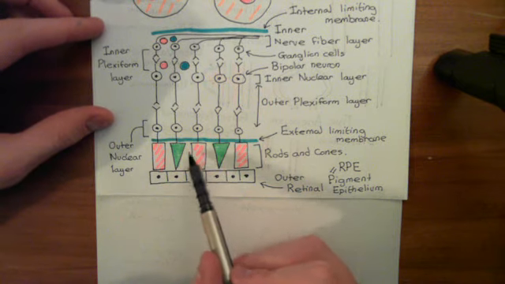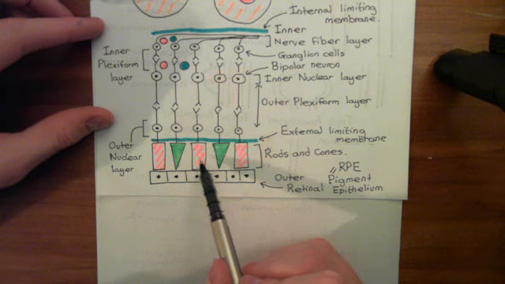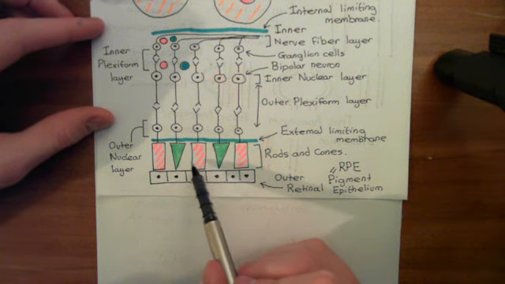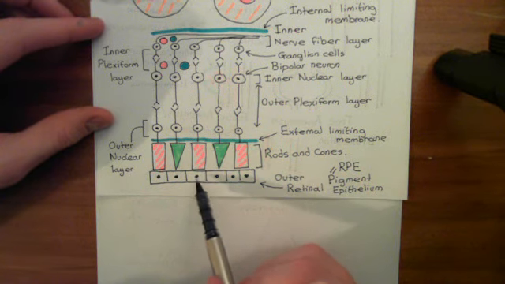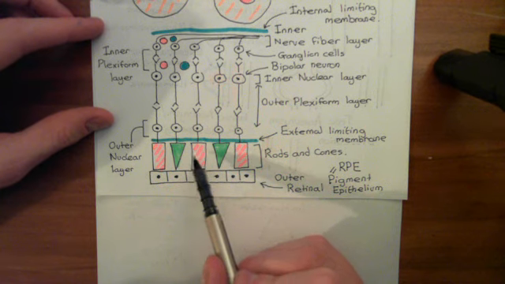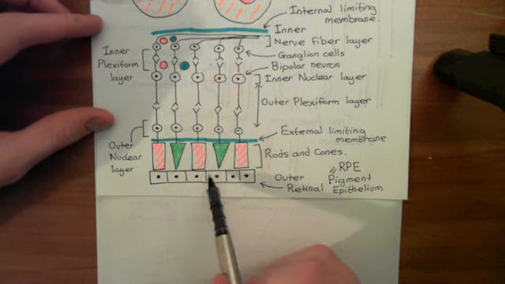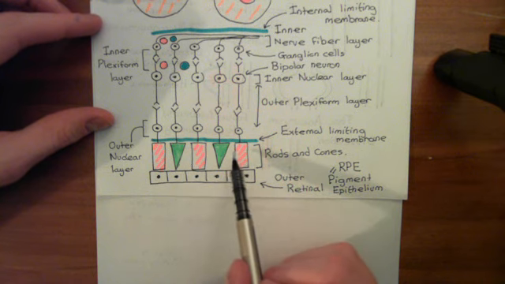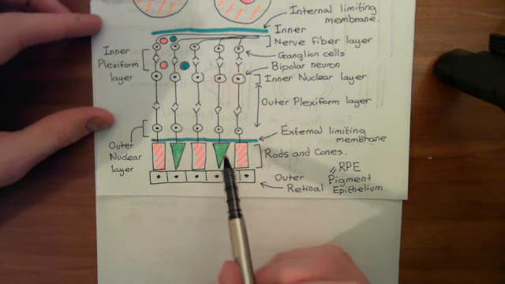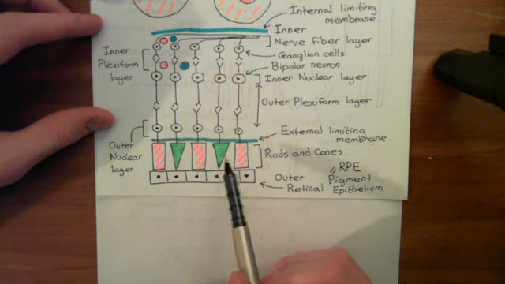What was happening is the visible pigment was moving from these rods and cones to the retinal pigment epithelium to be regenerated, and then it was being sent back to the rods and cones. So if you no longer have the retinal pigment epithelium in contact with the rods and cones, they can't function in their phototransduction activity anymore.